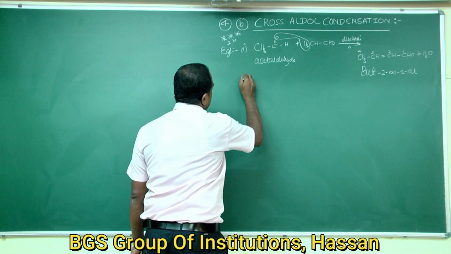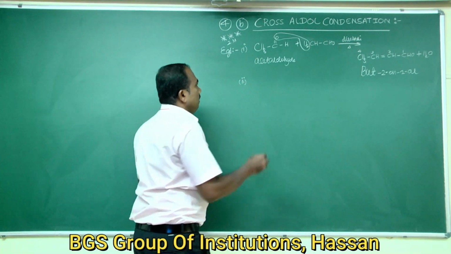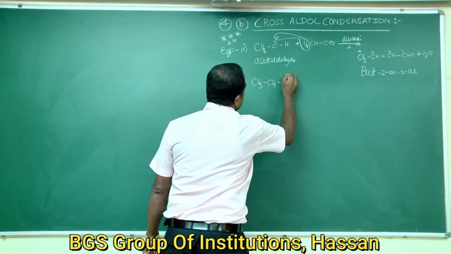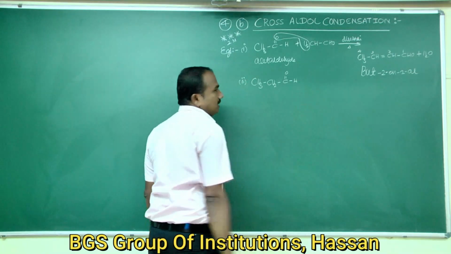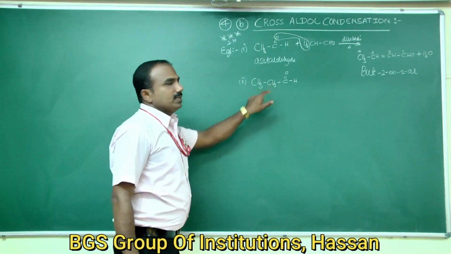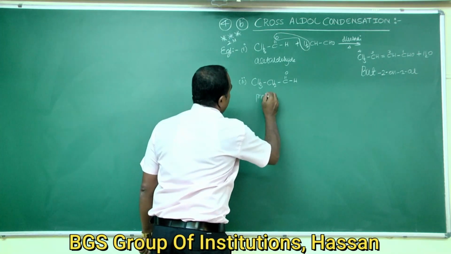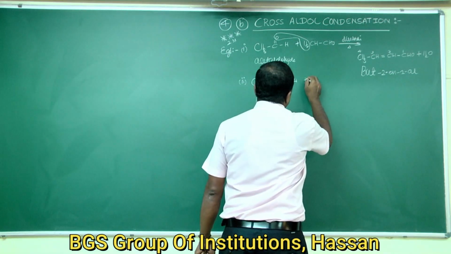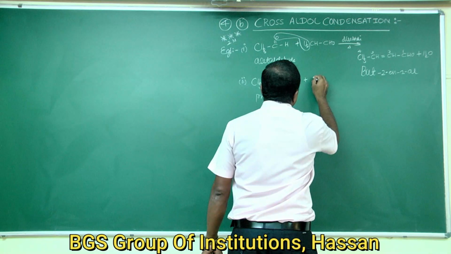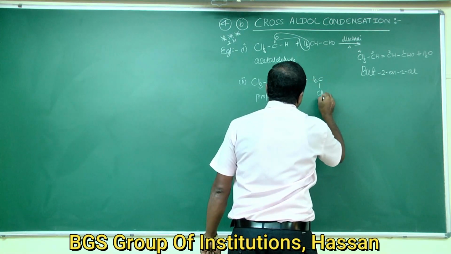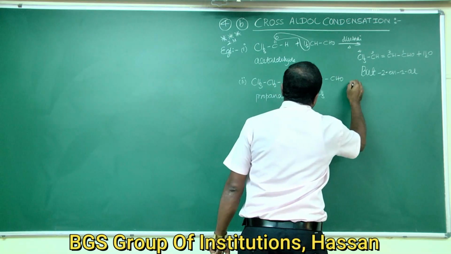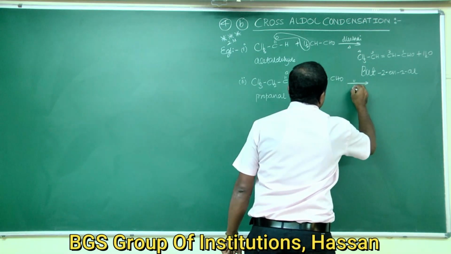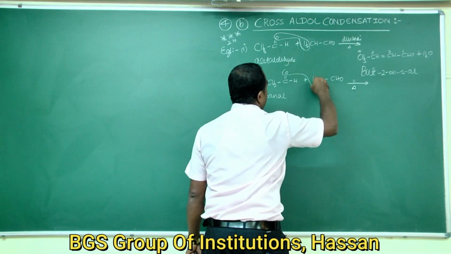Second example, take propanal. Formula of propanal is CH3 single bond CH2 single bond CHO, CH3CH2CHO. We take another molecule of propanal like this, in presence of dilute alkali, and this is heated, delta means heat, so there is removal of a water molecule.